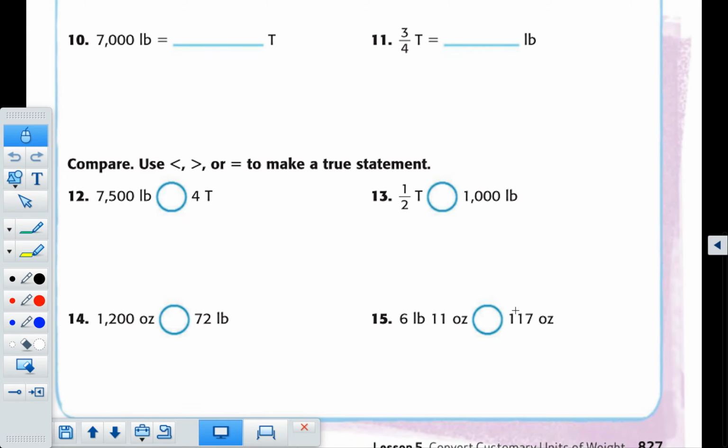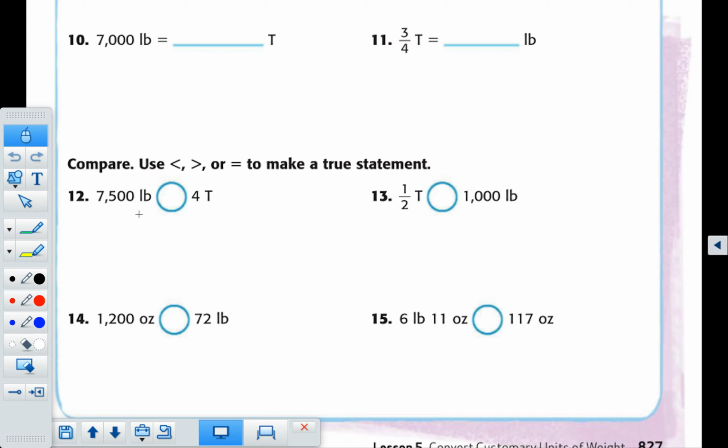For our compare in our numbers, we have to convert. We're going to have to convert 7,000 pounds to tons. When we convert 7,000 pounds to tons, what do you do? Are we going from a larger unit to a smaller unit, or from a smaller unit to a larger unit?